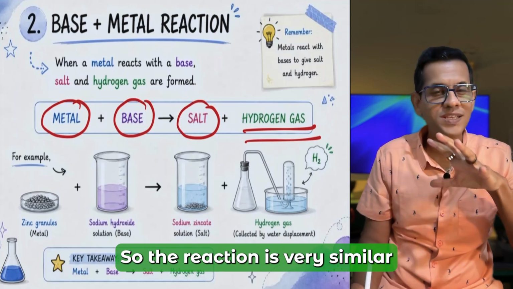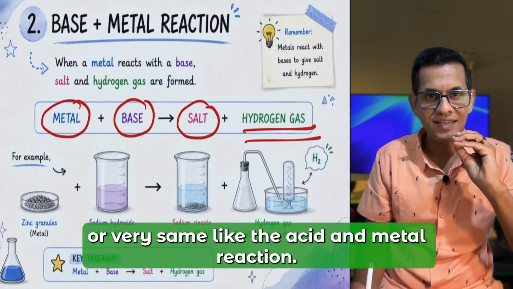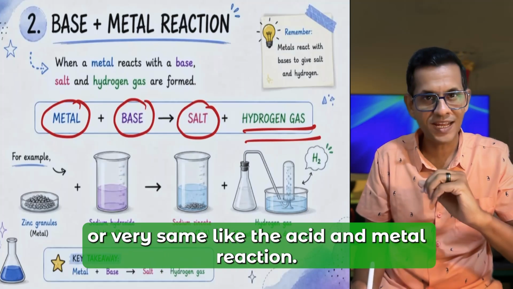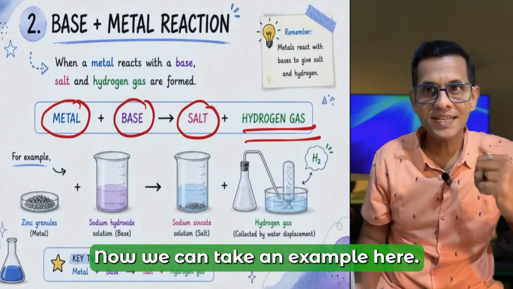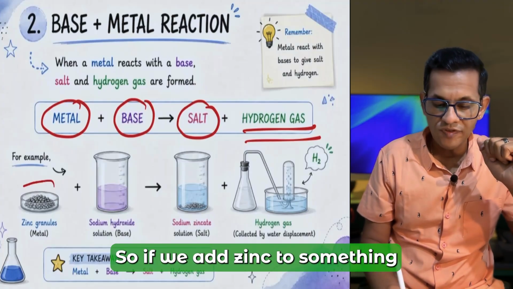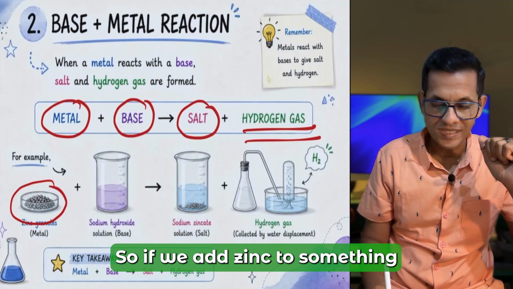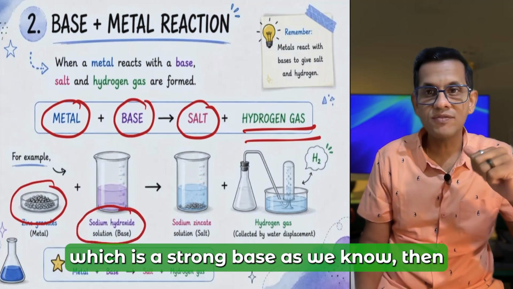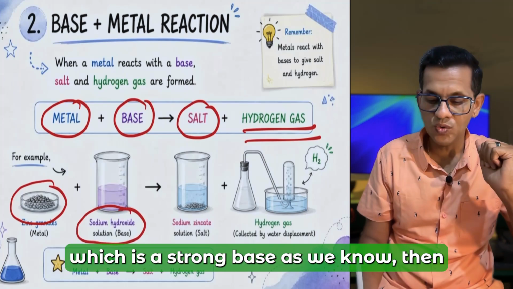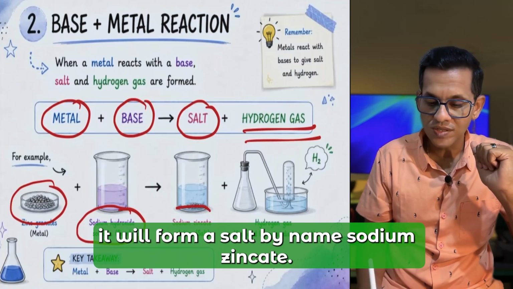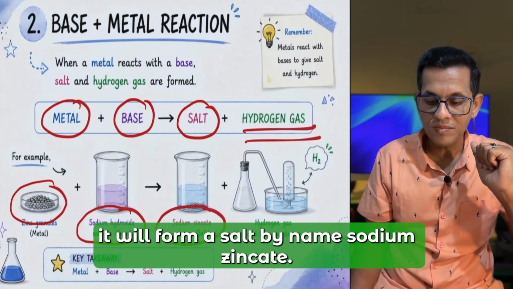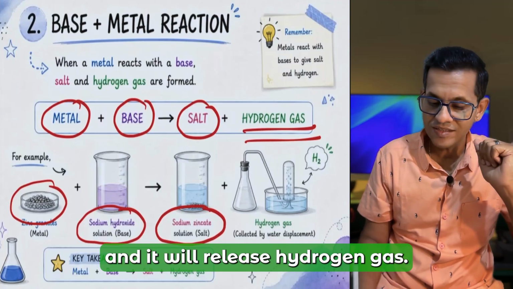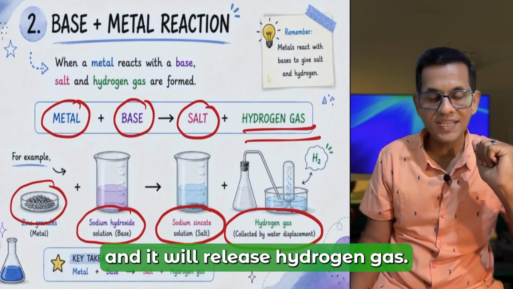So the reaction is very similar to the acid and metal reaction. Now we can take an example here. If we add zinc to something like sodium hydroxide, which is a strong base as we know, then it will form a salt by the name sodium zincate, and it will release hydrogen gas.